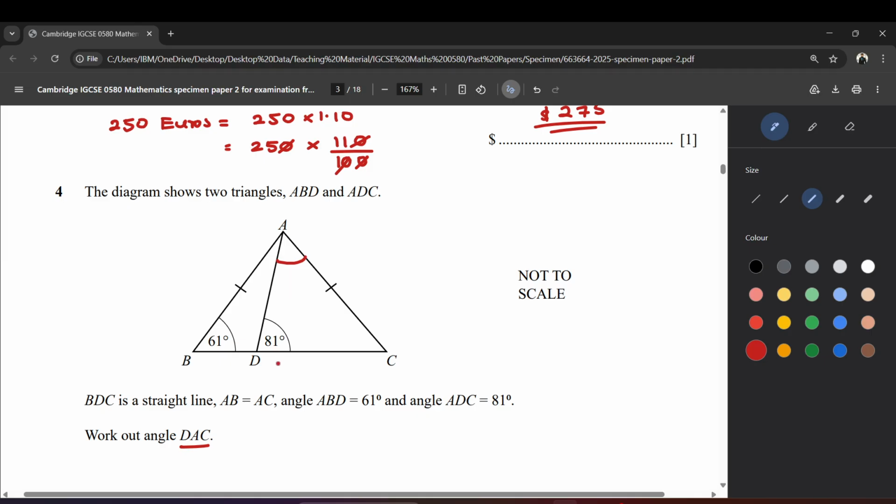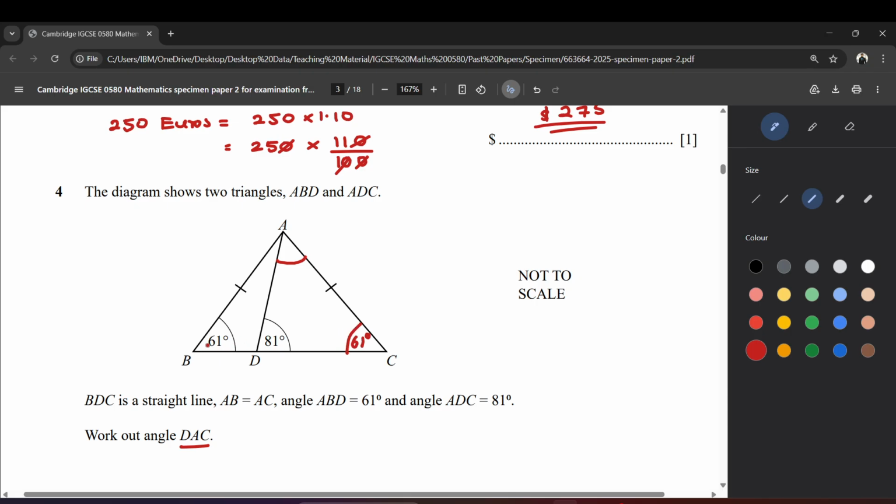Okay, first of all, ABC is an isosceles triangle as it has two lengths of the same magnitude. So if this angle is 61 degrees, then this angle is also going to be 61 degrees.